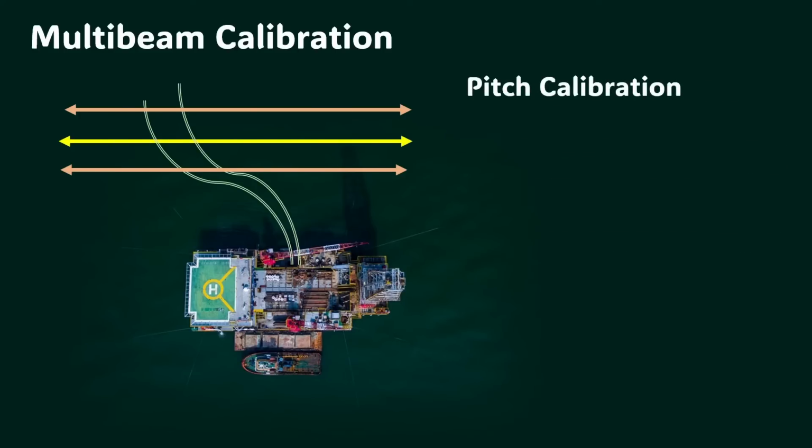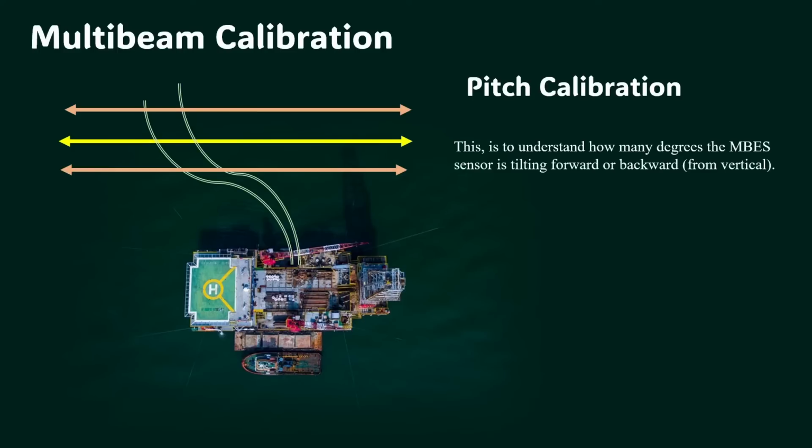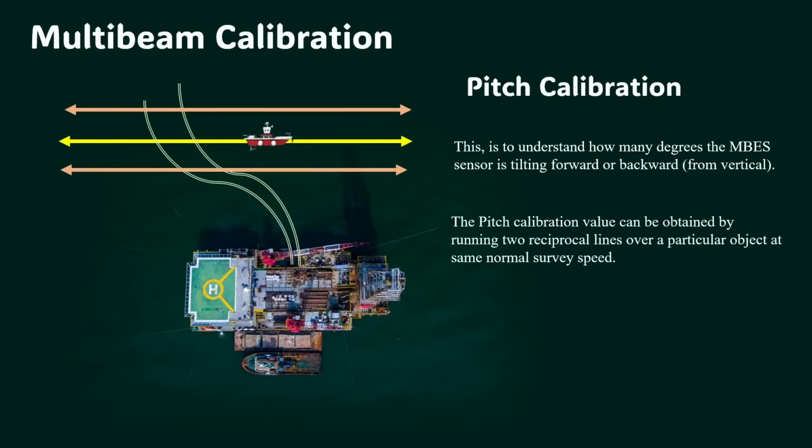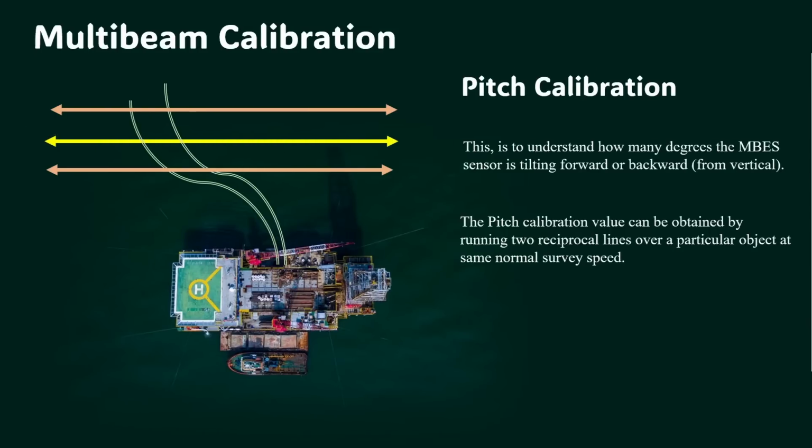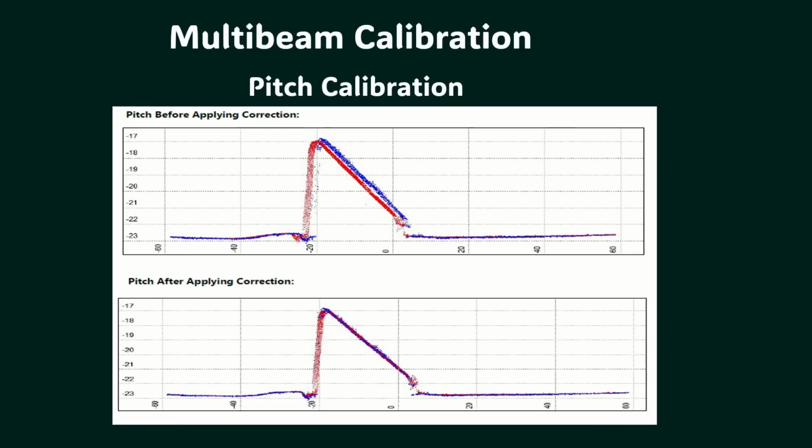Second is pitch calibration. This is to understand how many degrees the multibeam sensor is tilting forward or backward from the vertical. The pitch calibration values can be obtained by running 2 reciprocal lines over a particular object at the same normal survey speed. Here is a before and after pitch data.